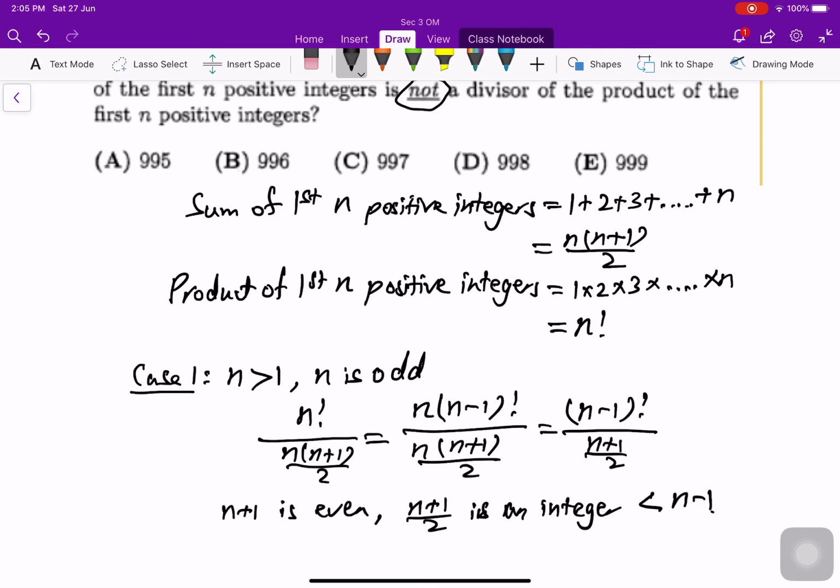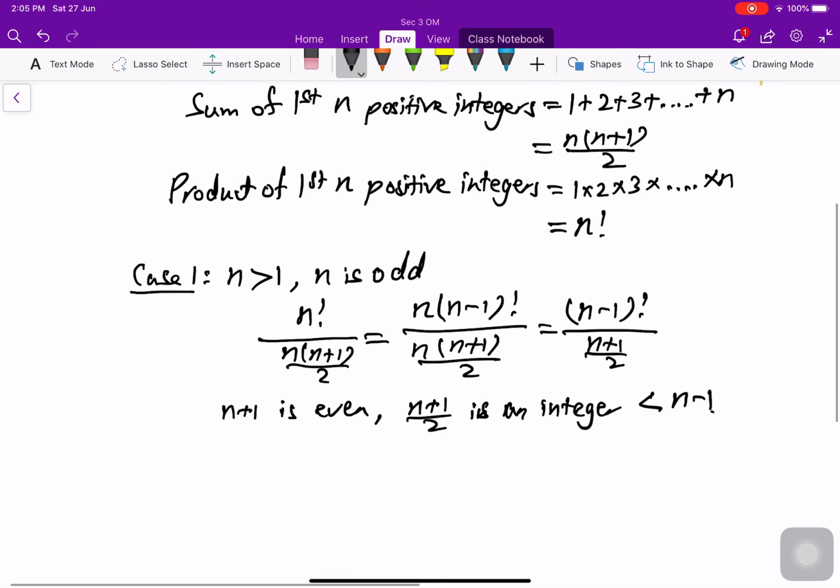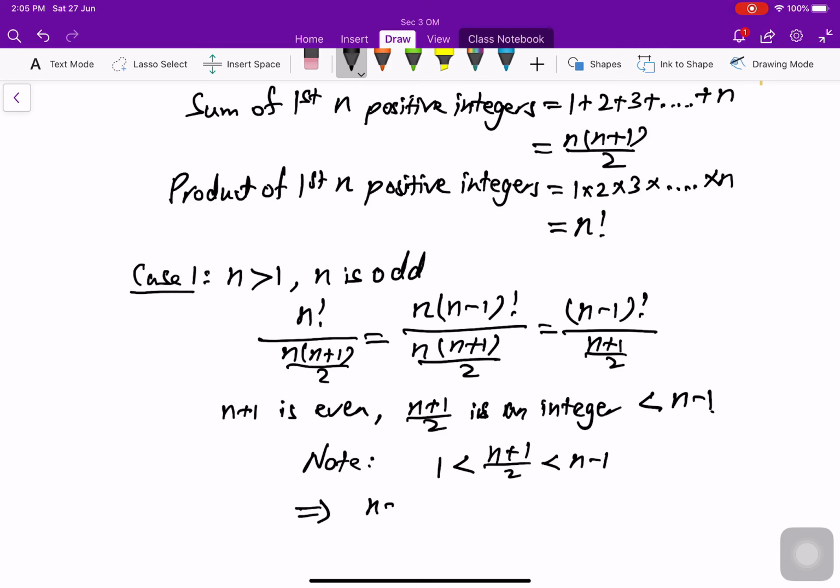Therefore, n minus 1 factorial is definitely divisible by n plus 1 divided by 2, because n plus 1 over 2 must be greater than 1 and less than n minus 1. Very obvious. Therefore, this implies that n minus 1 factorial is divisible by n plus 1 divided by 2.